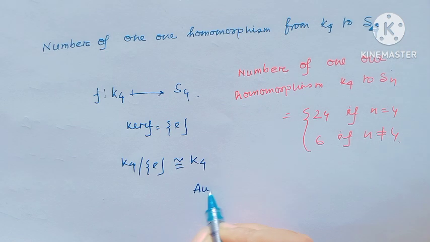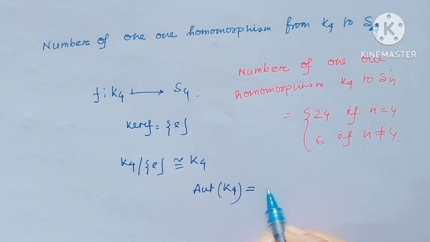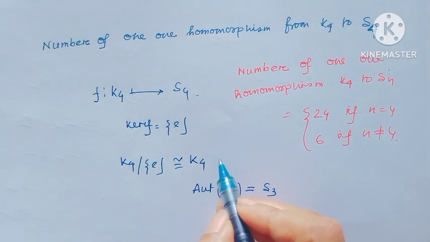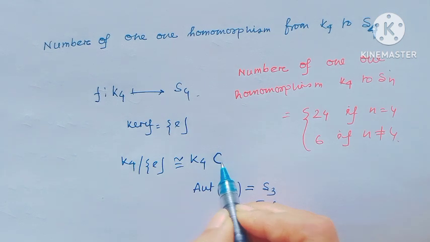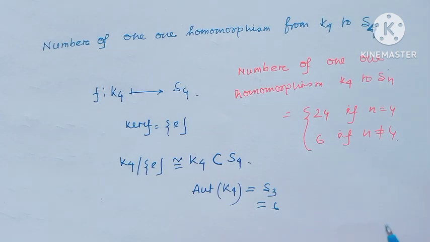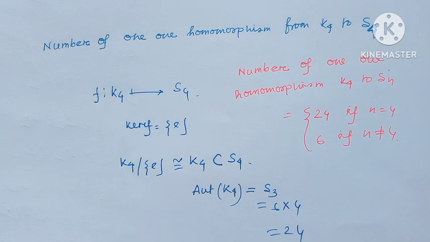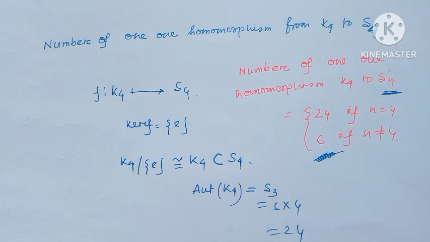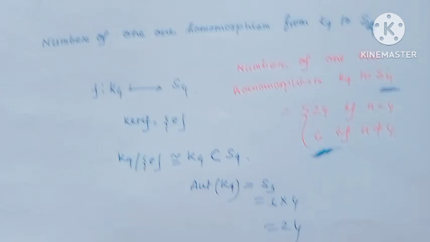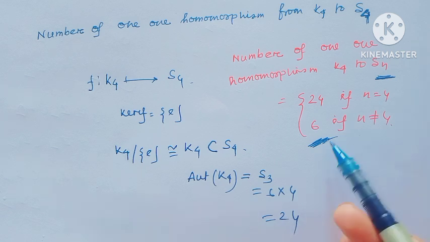We all know the automorphism group of K4 is S3, which has order 6, and the number of subgroups of K4 type in S4 is 4, so this would be 24. Have you understood why 24? And when n is not equal to 4, this value would be 6. I hope all my viewers have understood why this is 6.